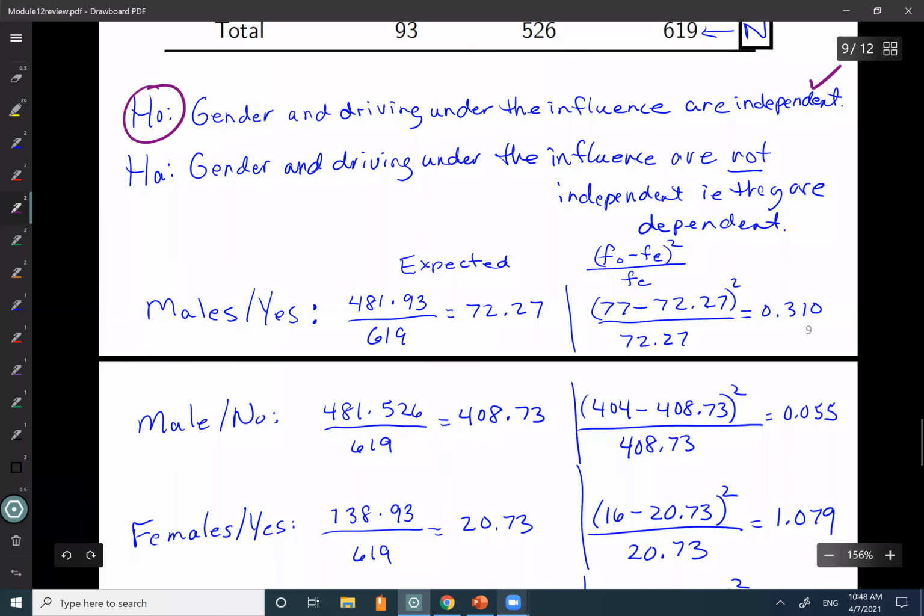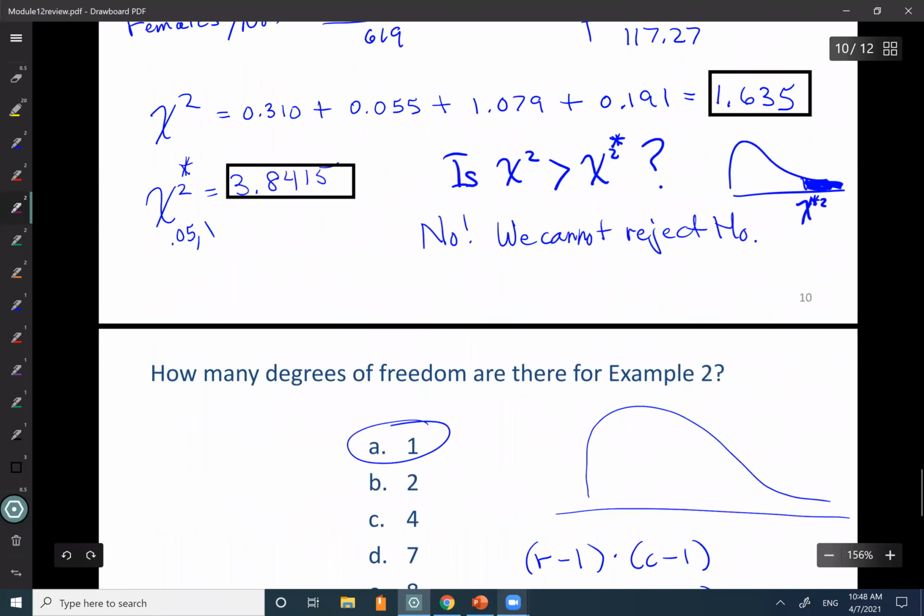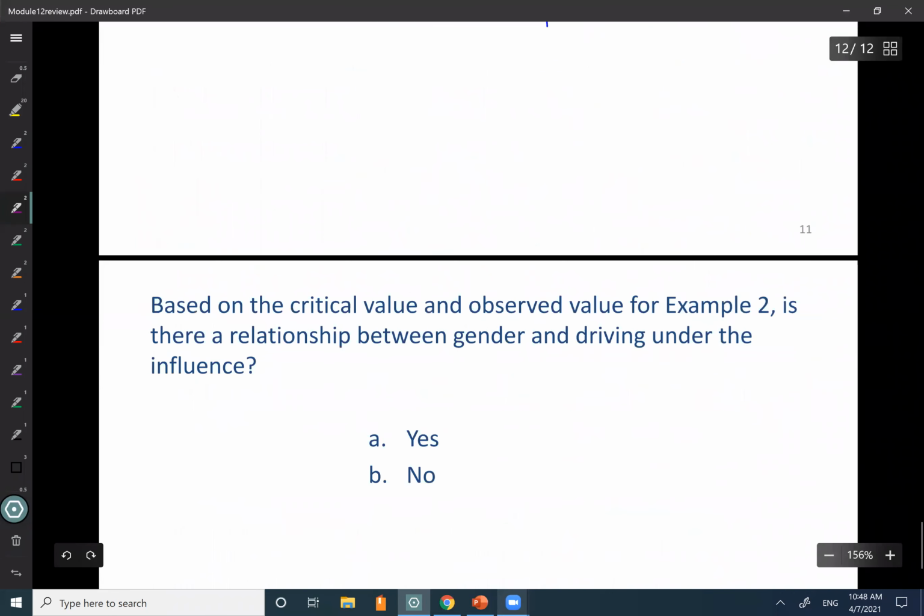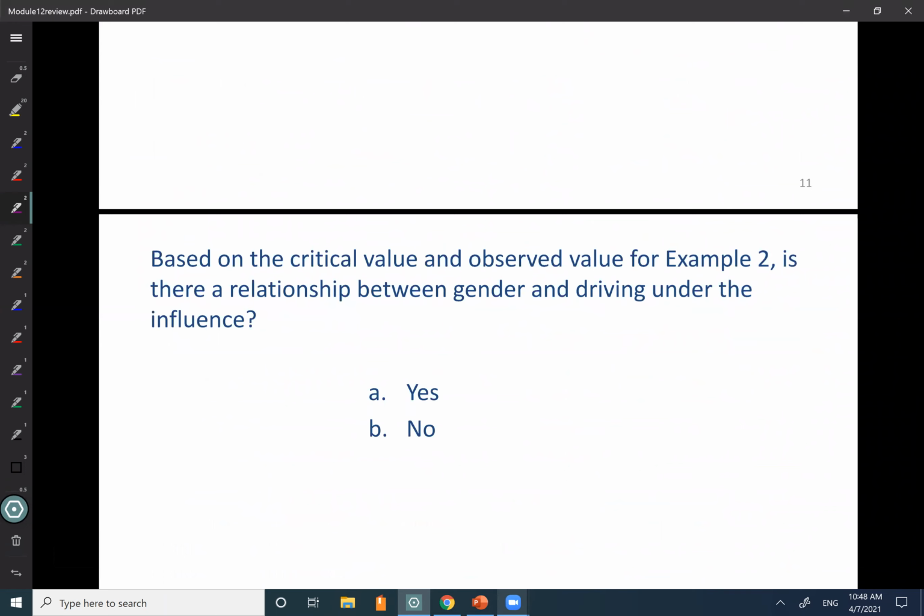So one final question then. How do you conclude? Based on the critical value and the observed value for this example 2, is there a relationship between gender and driving under the influence? Think about it.